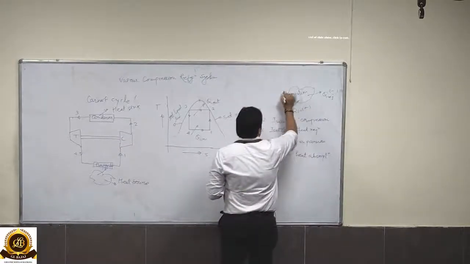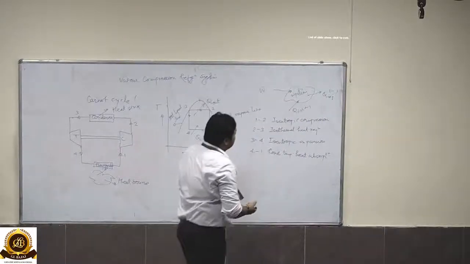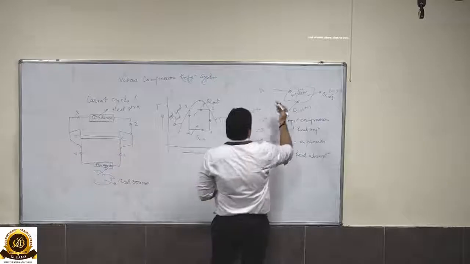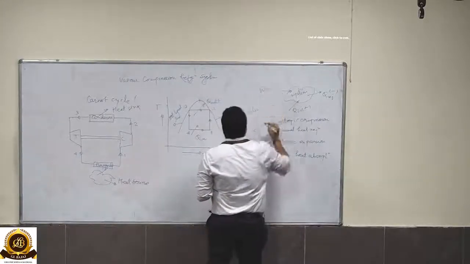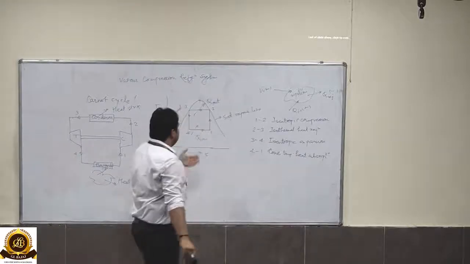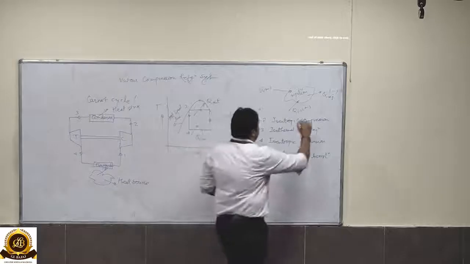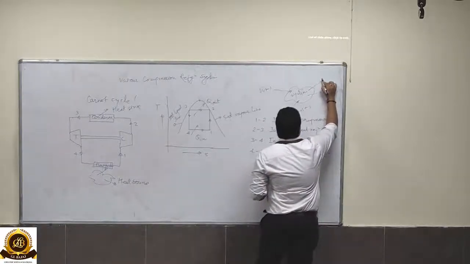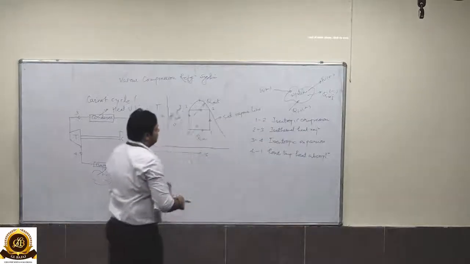If work is done on the system, as happens in the isentropic compression process, we take it as negative, while if the system itself does the work, then the sign convention will be positive.